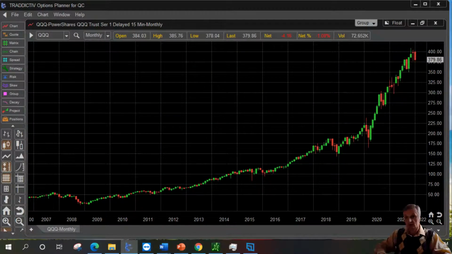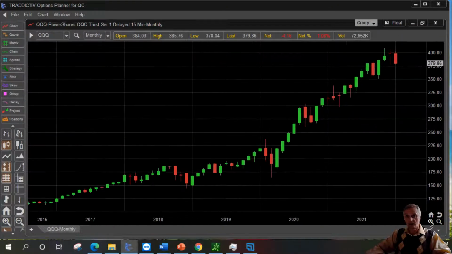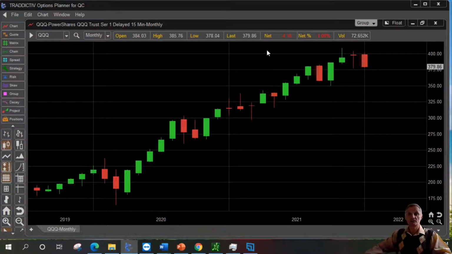Again, I'm going to make a disclaimer that you should ignore this very last bar that is only 1 week old, because I'm asking the platform to show me the price action for the 2021 monthly, and this is inaccurate because this includes only 1 single week.